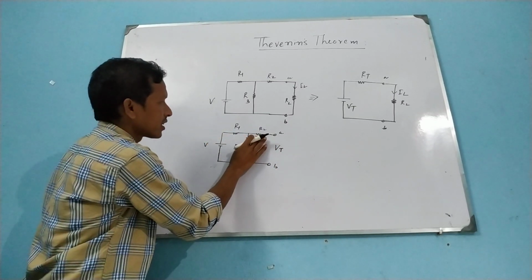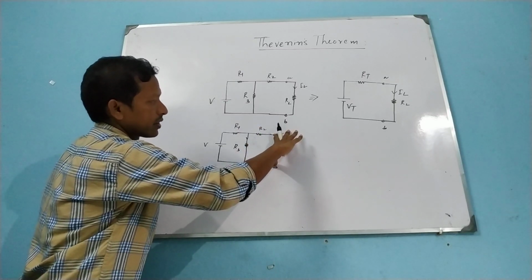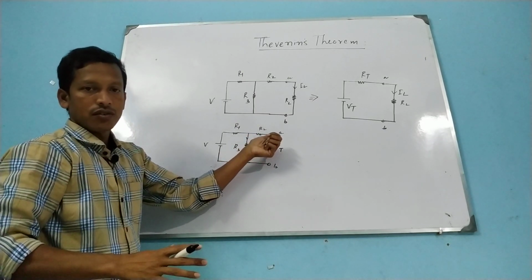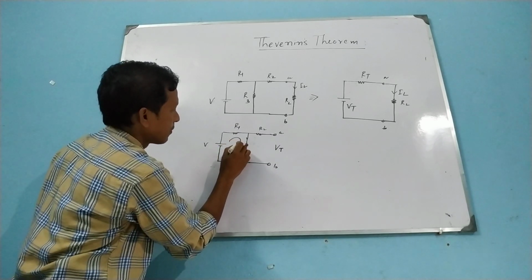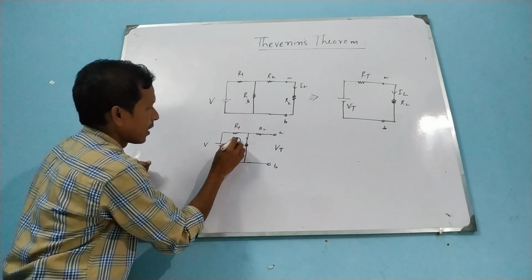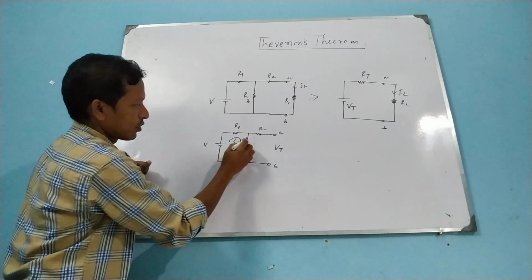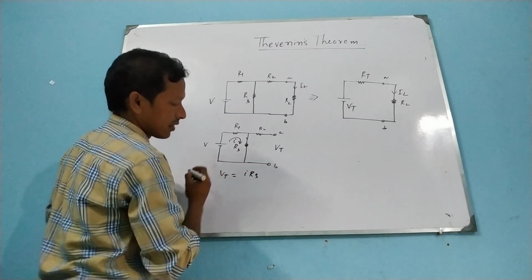So, the voltage drop across R3 will be the voltage across AB, because no current passes through R2. So, what will be the current in the loop? If you consider the current in the loop is I, the Vt can be written as I into R3.